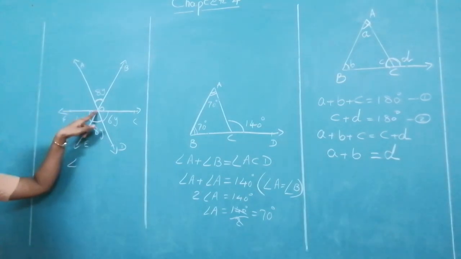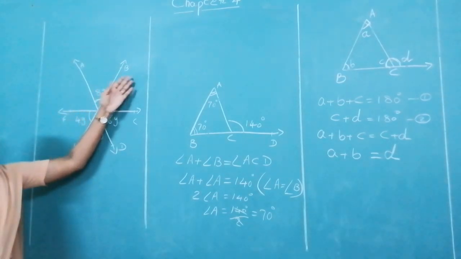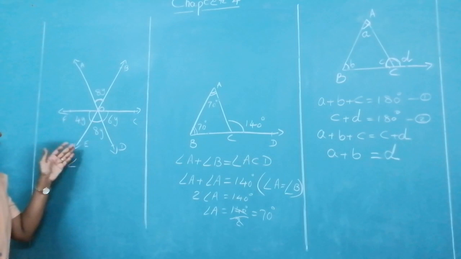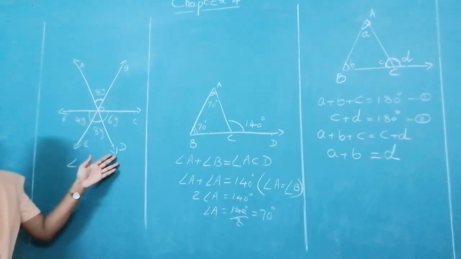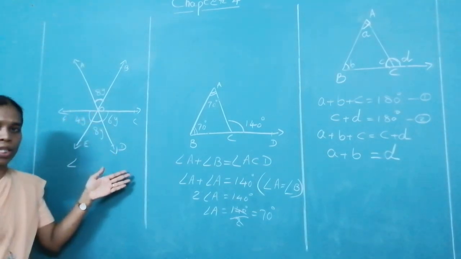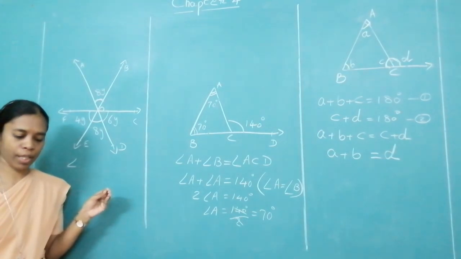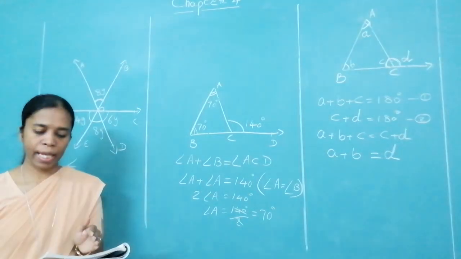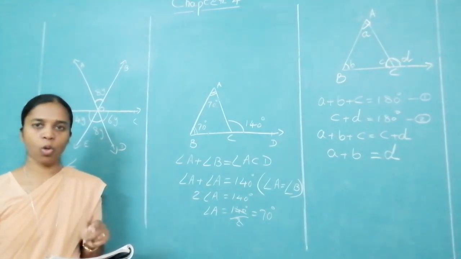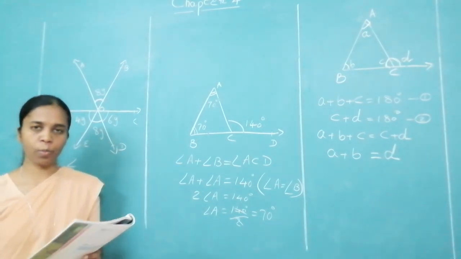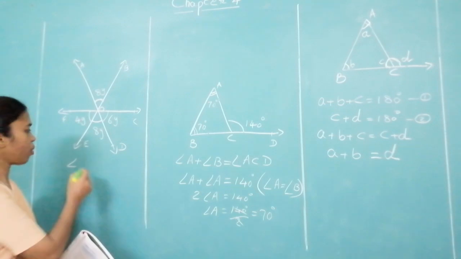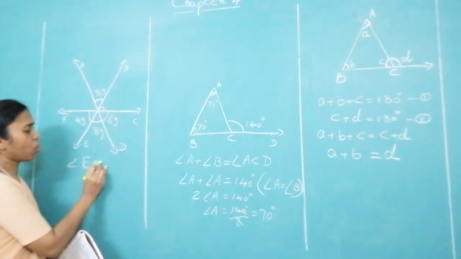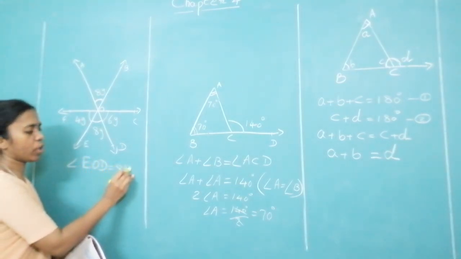Angle AOB and angle EOD are vertically opposite angles. I repeat, angle AOB and angle EOD are vertically opposite angles. Therefore, angle EOD is equal to 8y.